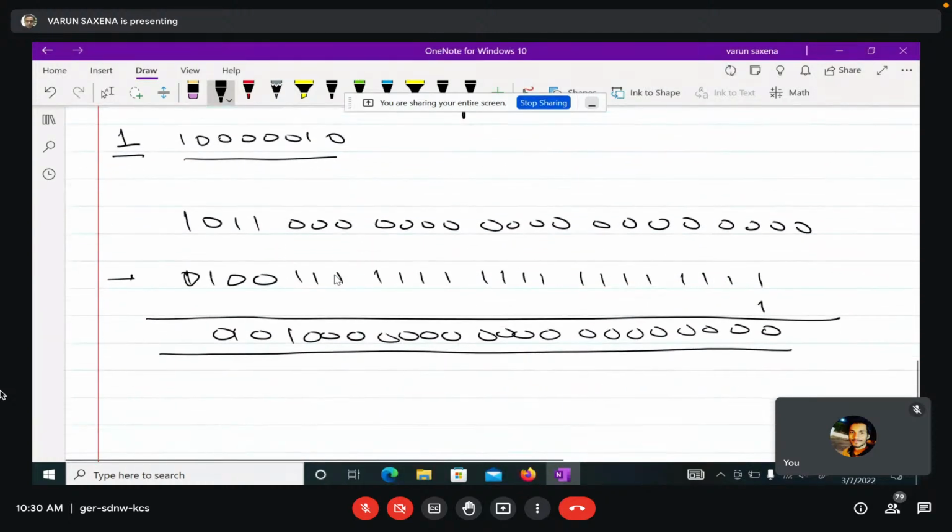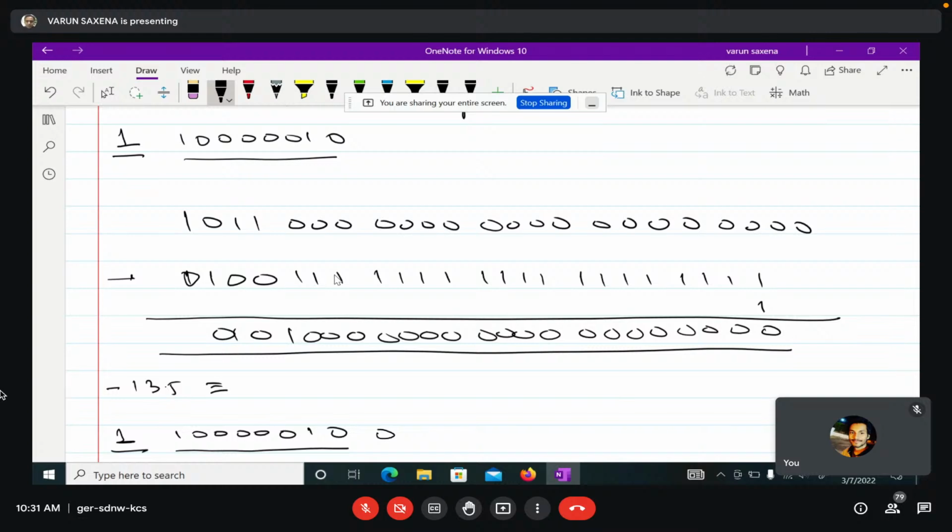So this minus 13.5 is going to be 1, which is the sign bit. Then you have the exponent: 1, 0, 0, 0, 0, 0, 1, 0.